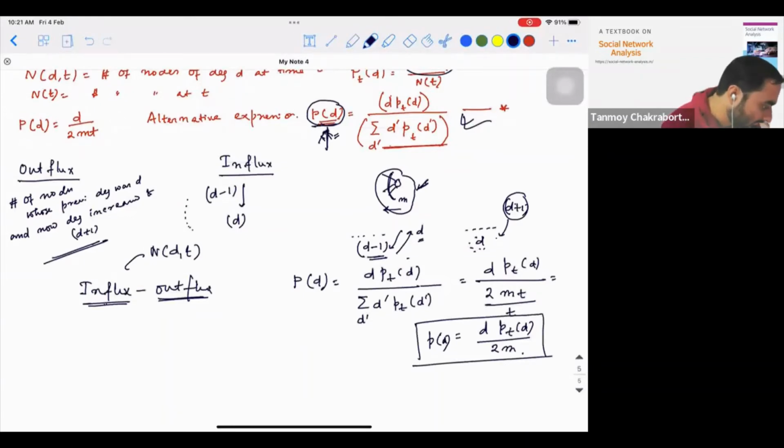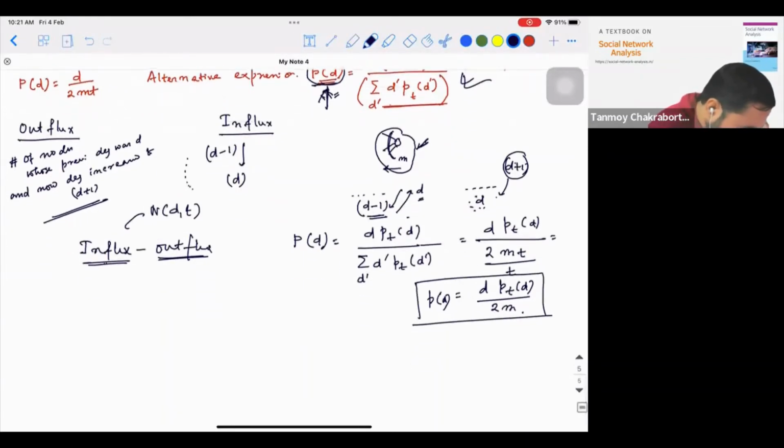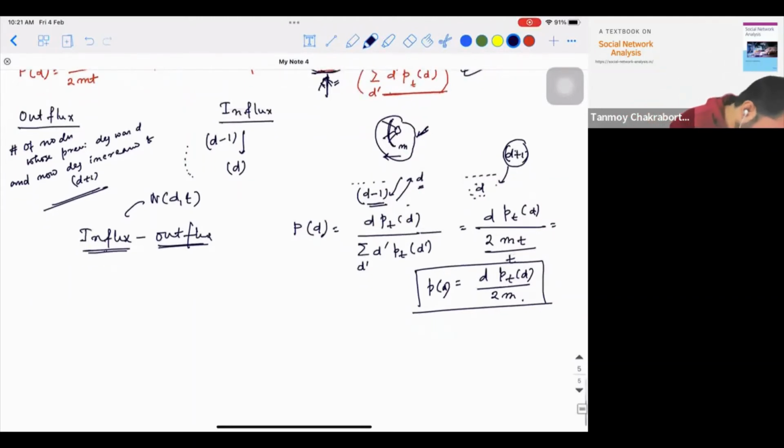Now think about it. Remember, there is no parallel edge in this graph, so two nodes are connected by only one edge.